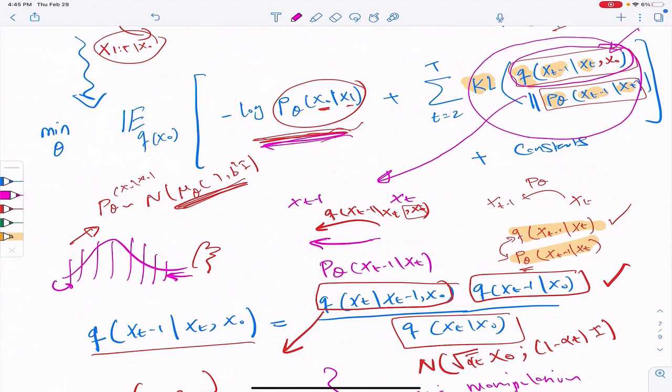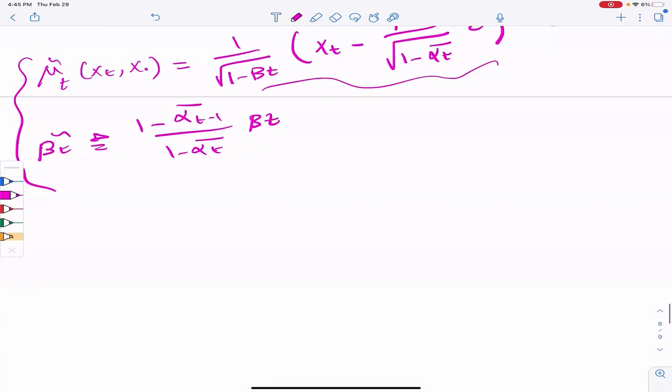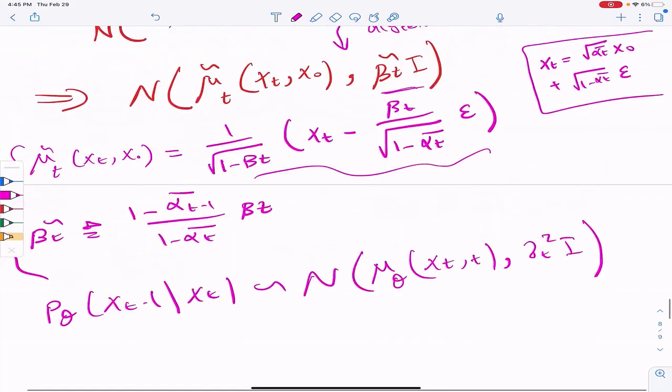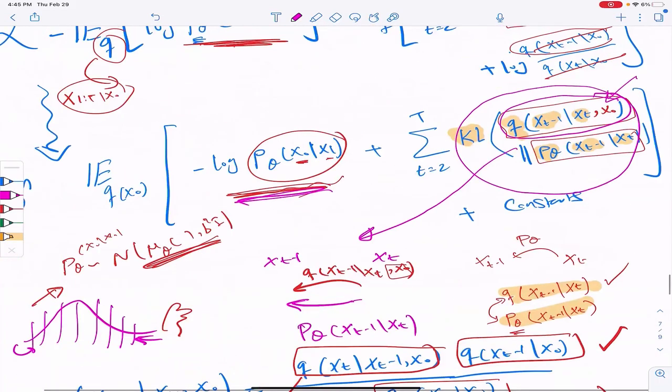What is p theta of xt minus 1 given xt? It's another Gaussian distribution with a mean of mu theta of xt and some covariance. And I'm looking at the KL divergence between two Gaussian distributions whose covariance is a scaled version of the identity. So that formula is actually quite simple.